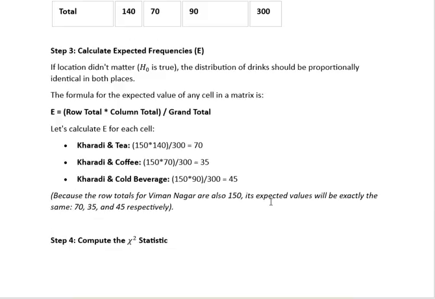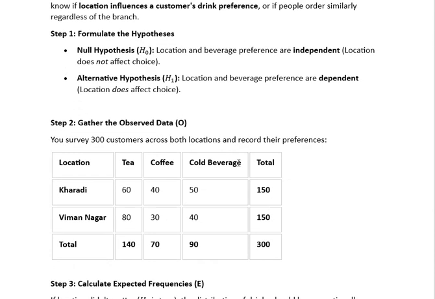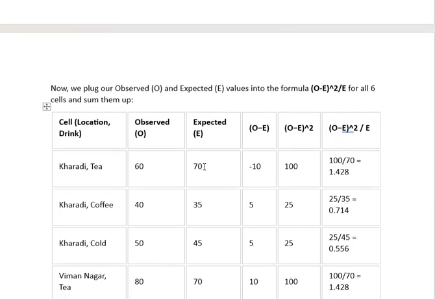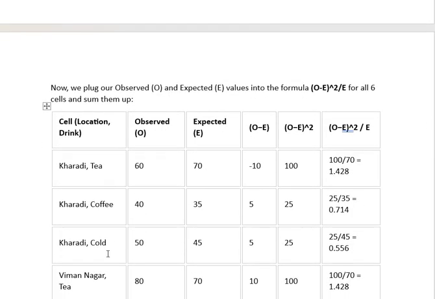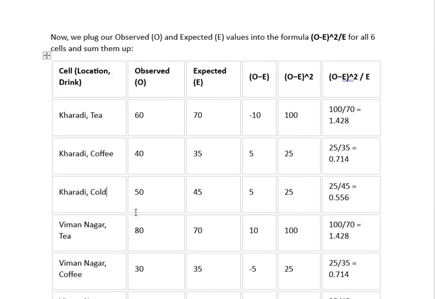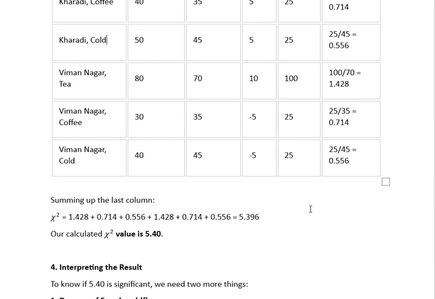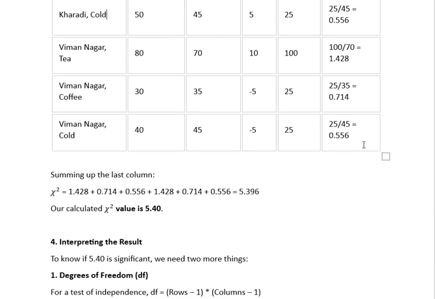Beverage is not written here, but it is cold beverage. Similarly, we can find the value for Viman Nagar tea: observed minus expected, whole square, divided by expected. So these are the values we get.